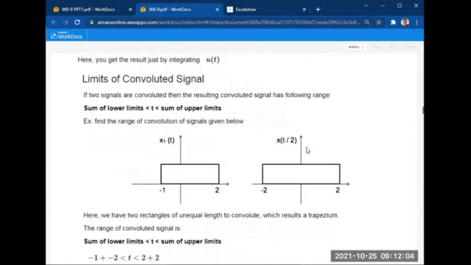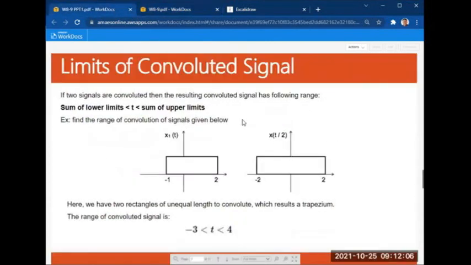Next, we have the limits of convoluted signal. If two signals are convoluted, then the resulting convoluted signal has the following range: the sum of lower limits, this is the range, and then the sum of upper limits. For example, we have here two rectangles.